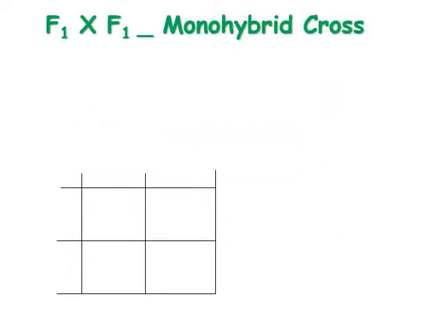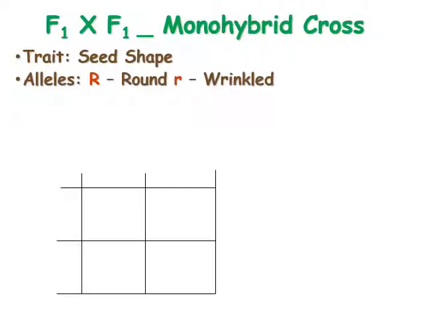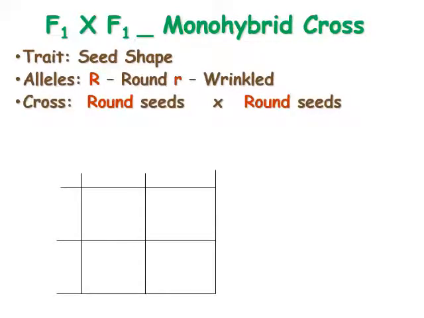But when we proceed further and do F1 into F1 in the monohybrid cross for the same trait, namely seed shape, whose alleles are capital R for round and small r for wrinkled, the cross of course is round seeds crossed with round seeds.